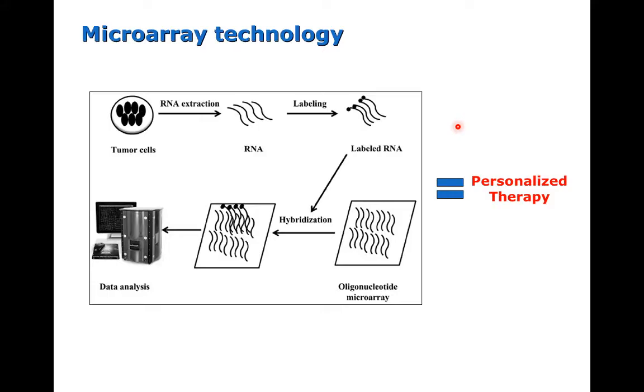Not only has it helped us better understand the many differences in breast cancer between one person and another, it also provides a lot of prognostic and predictive information, such as who would benefit from chemotherapy after surgery.